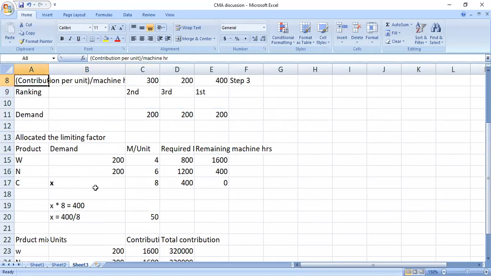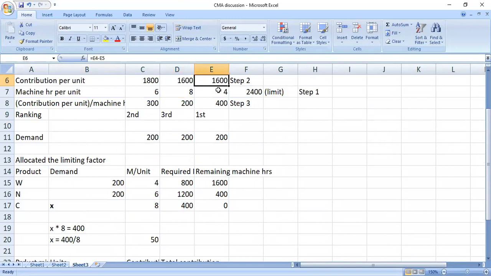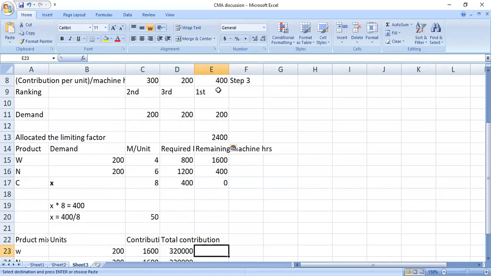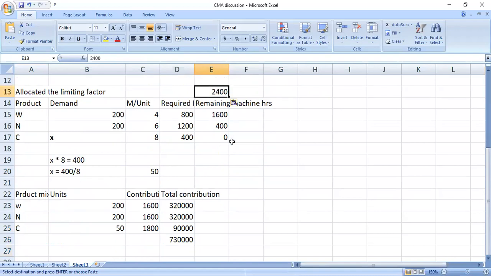Now, after ranking, you deal with each product and allocate this limiting factor. Before you do any production, the machine hours you have available are 2,400. Preferably you maximize the product that gives you a lot of profit, then the one that gives you little profit, you just produce a few.